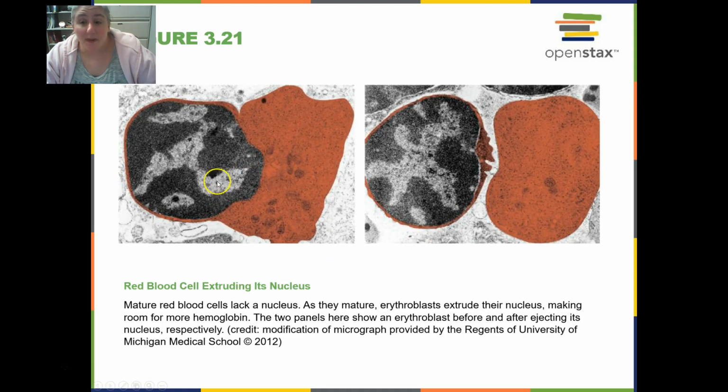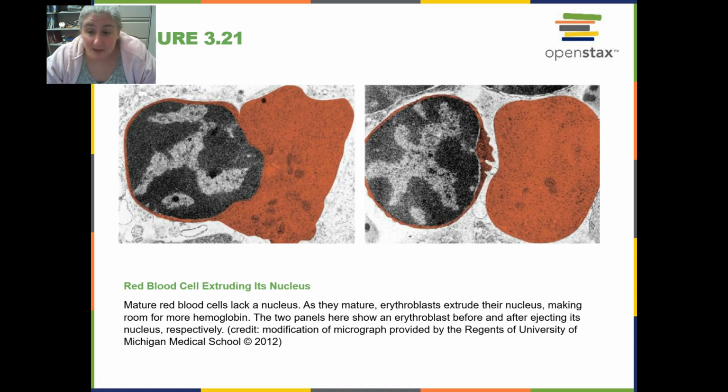whereas blood is anucleate, so it has no nucleus. Blood cells are packed so fully with hemoglobin that prior to maturation, they expel the nucleus and degrade the majority of their organelles.